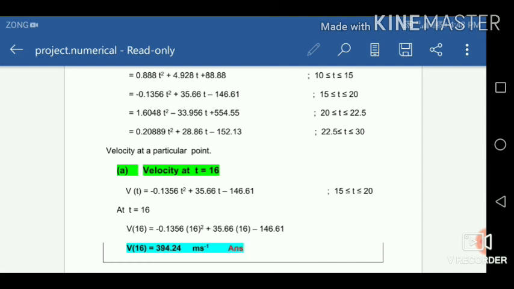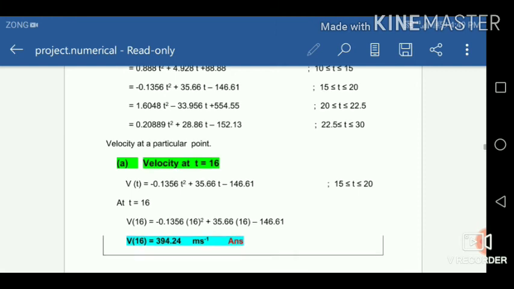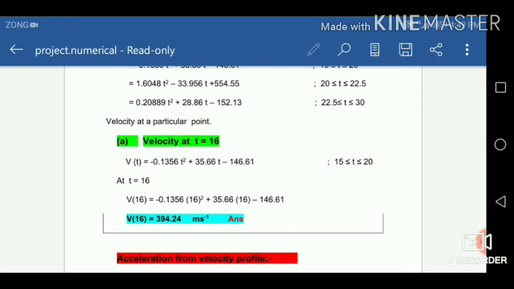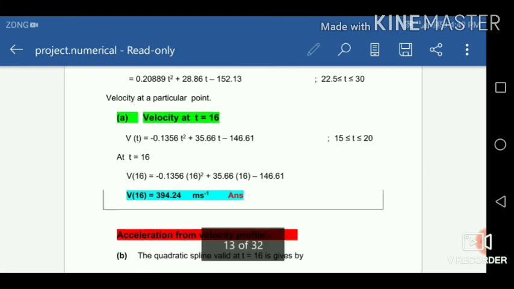Here we find the velocity at t equals 16, so we only consider the spline that lies between 15 and 20. We take this spline, put t equals 16, and get the answer.